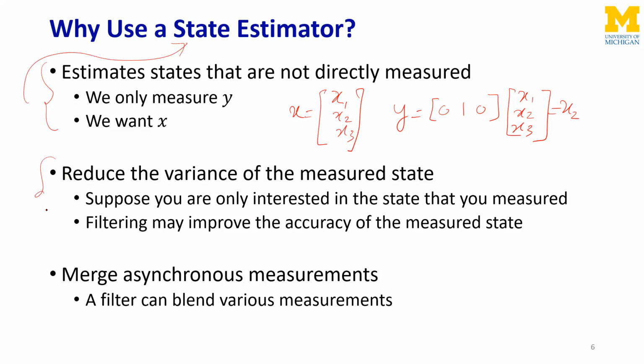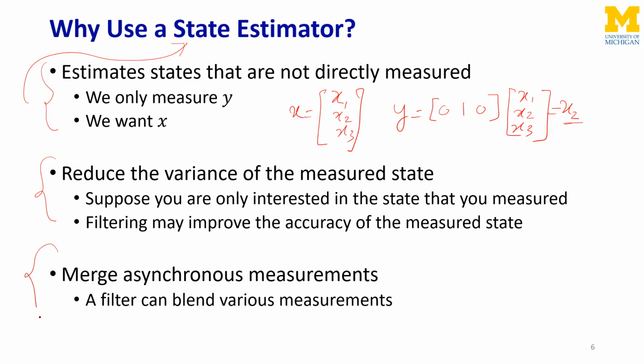But there's another reason, and this is a little bit subtle. Let's suppose you have a measurement of the state x2. It just so happens that a filter or a state estimator can actually improve your estimate or the accuracy of your measurements. And towards the end of the lecture, we'll see how a state estimator actually does that.